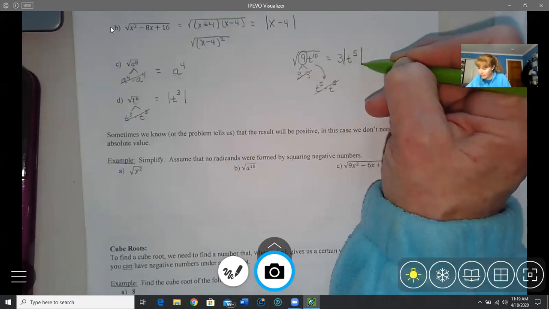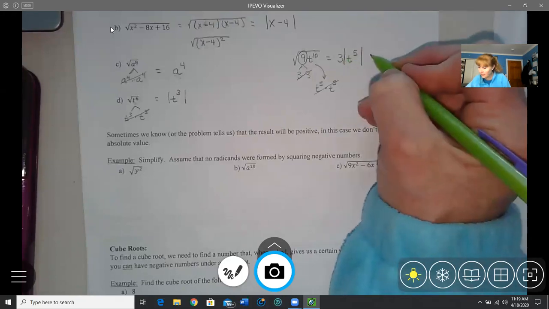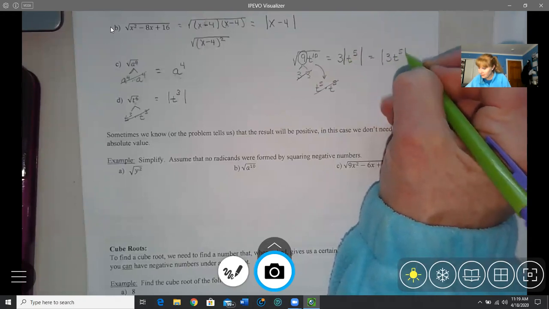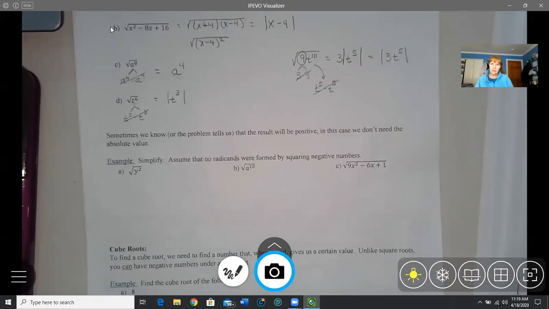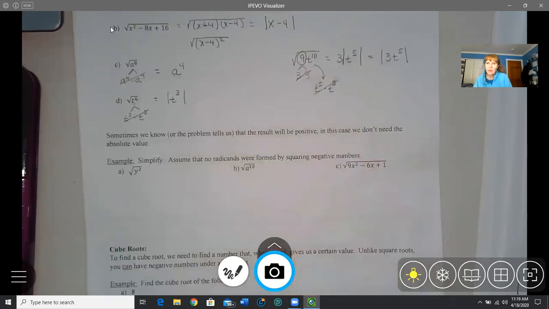So you can write it like that. Okay, put the absolute values around that, t times the absolute value. MyMathLab may even let you do this either way, because it's not going to affect it. The 3 is positive either way, so it won't matter.